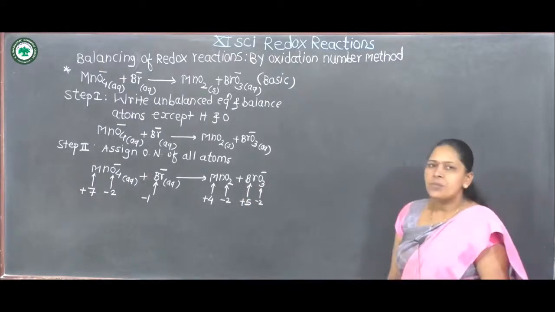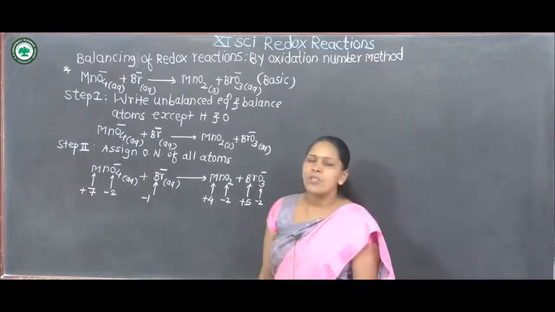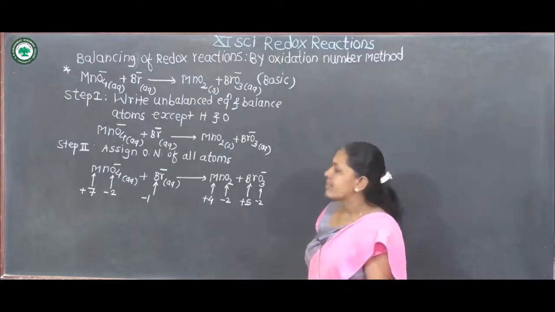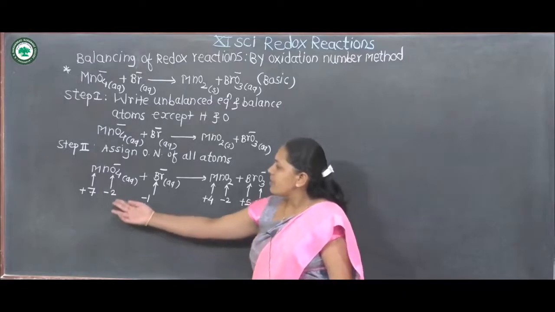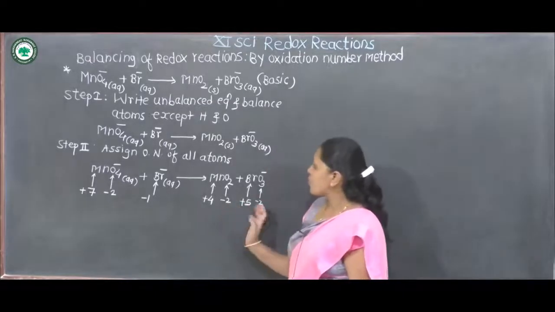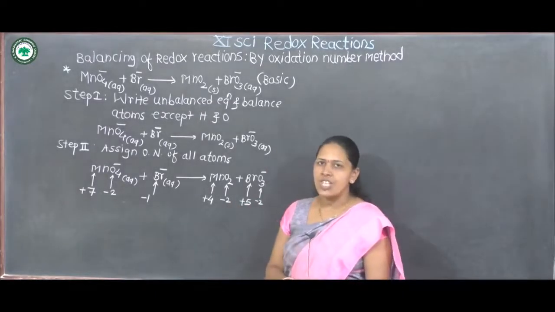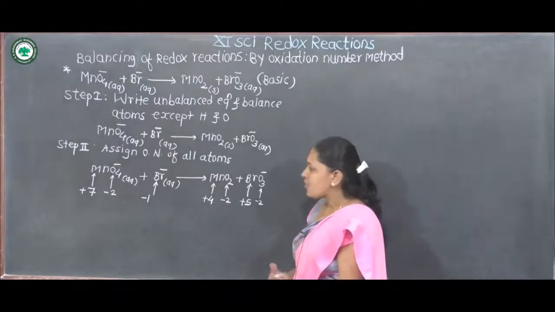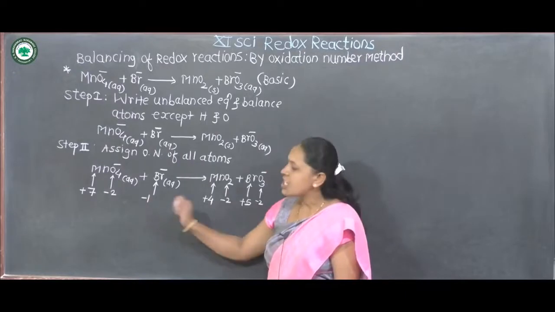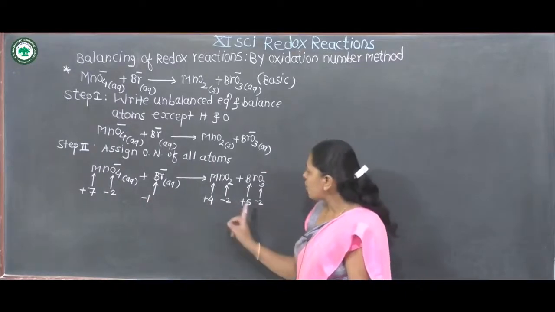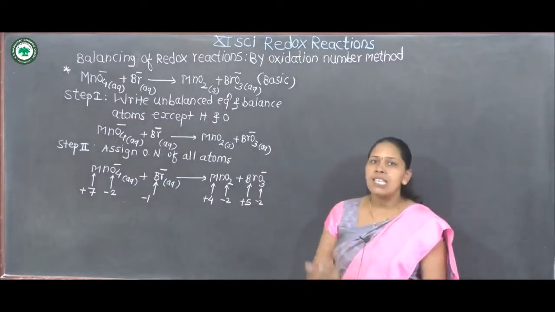By observing the oxidation number of all atoms, it indicates that the oxidation number of oxygen, -2, -2, -2, does not change. The oxidation number of bromine changes from -1 to +5, that means it increases.